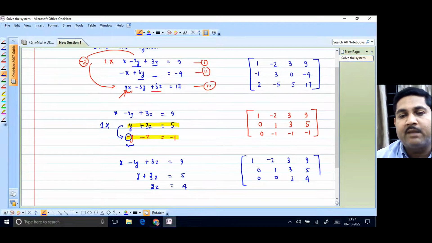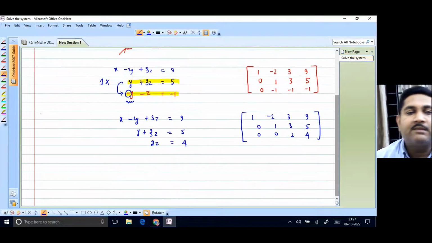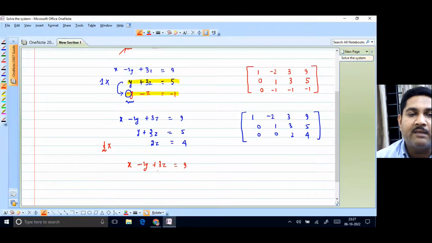And one more step I am doing here, and that step is multiplying the last equation by 1 by 2. And with this, I am going to get z. So see what I am going to get: x minus 2y plus 3z equal to 9, y plus 3z equal to 5, and here z equal to 2.